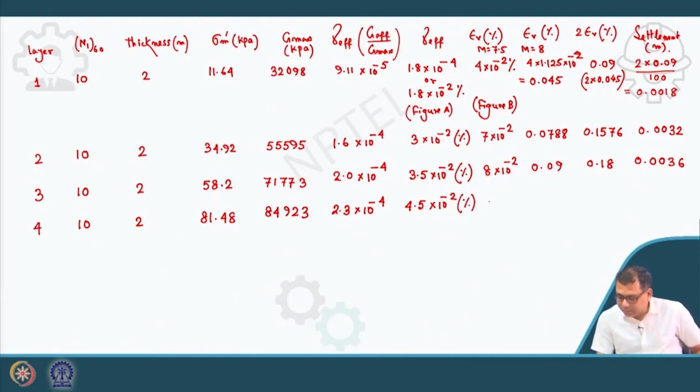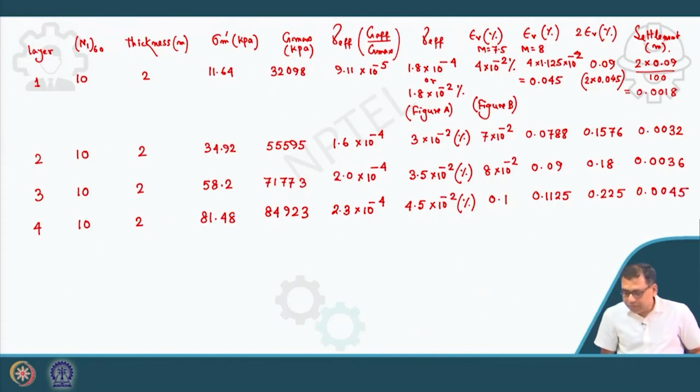Then volumetric strain is 0.1 percentage. If I multiply, I will get 0.1125 in percentage, into 2, I will get 0.225.